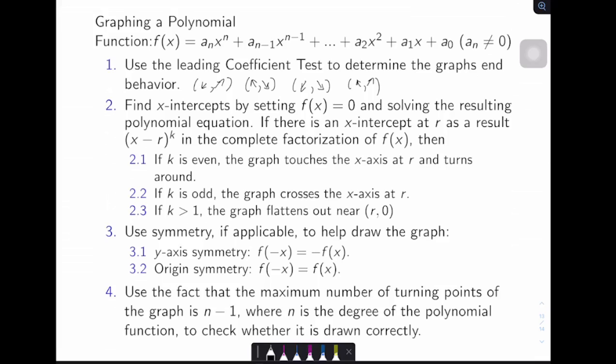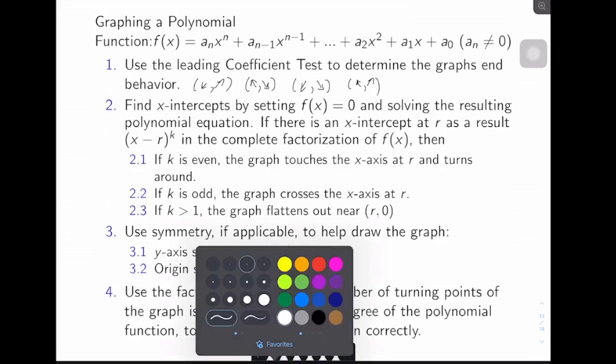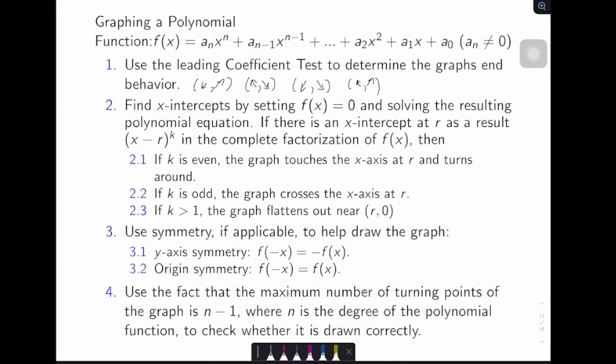If we plug in negative x and get the opposite, then we have origin symmetry. Yeah, those are backwards. All right. This one should be negative, and the other one should just be positive. So if it's even, you have y-axis symmetry. If it's odd, you have origin symmetry.